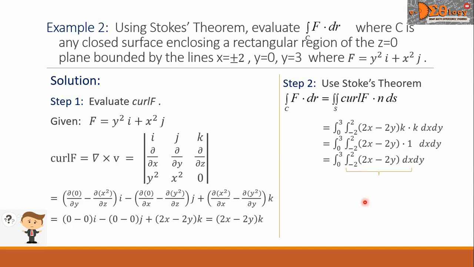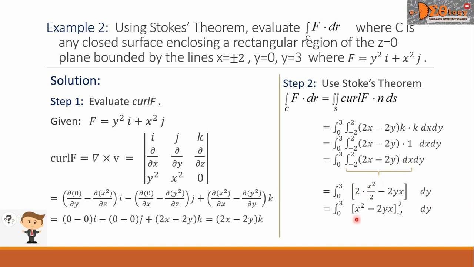Now let us start evaluating the inner integral. The integral of 2x with respect to x will be 2 times x squared over 2, minus the integral of 2y with respect to x, that will be 2yx. We can simplify this portion into x squared minus 2yx.